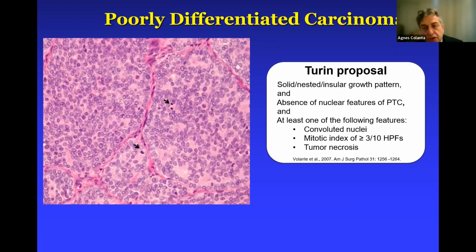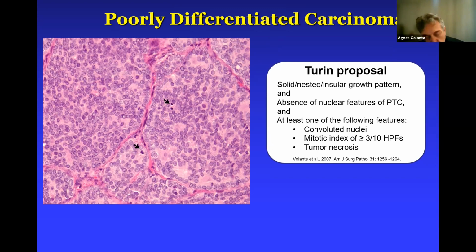our paper, a group of pathologists gathered in Torino, Italy, led by Dr. Volante, where they came up with this definition for poorly differentiated carcinoma that has been adopted in the latest WHO and has been used worldwide, where you need to have a solid, nested, insular growth pattern. You need to have an absence of the nuclear features of papillary carcinoma, and at least one of the following features: a mitotic index of 3 mitoses per 10 high-power fields.